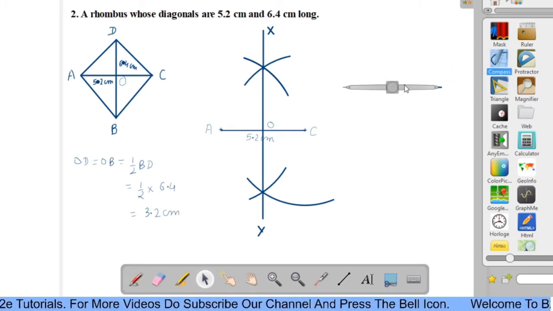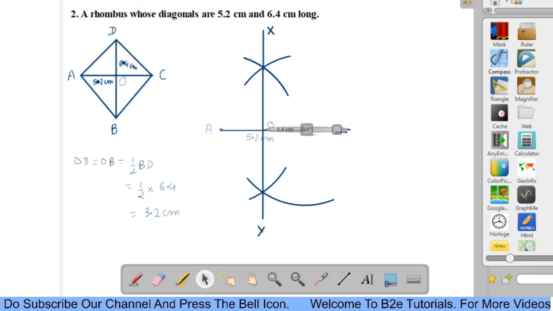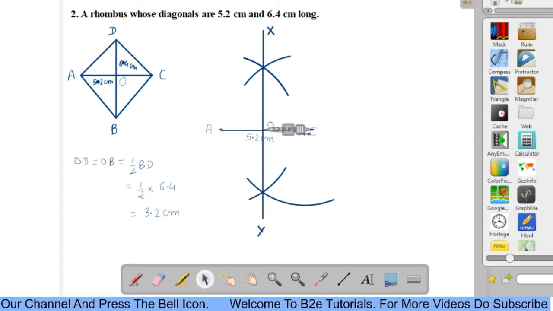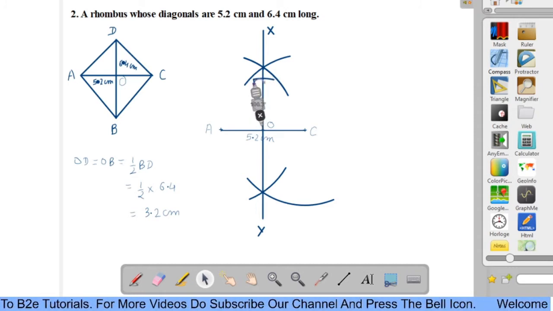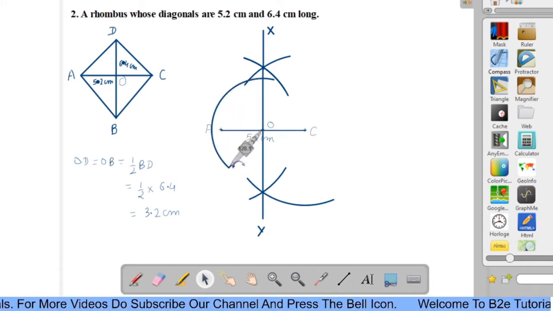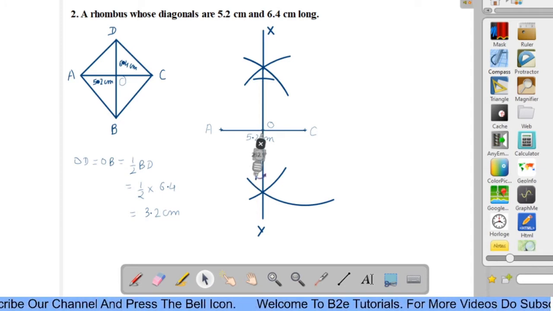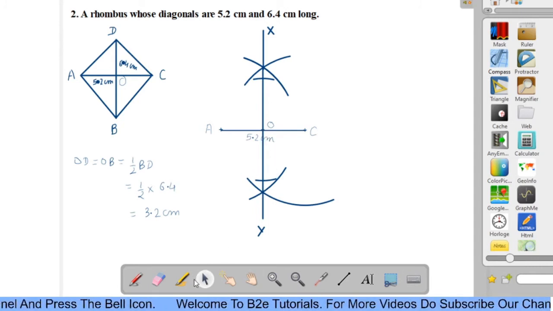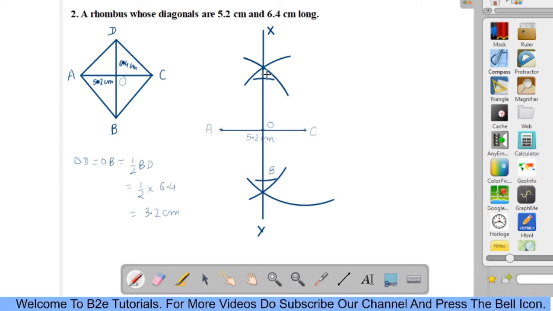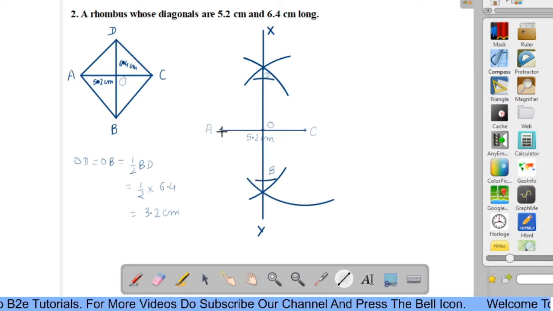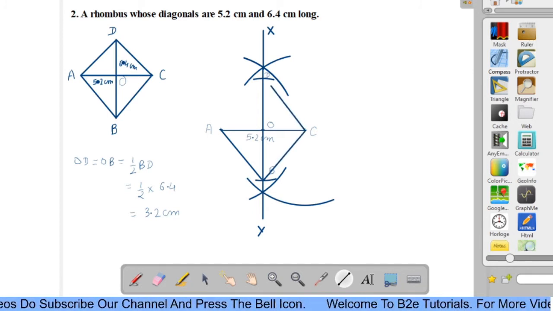So with center O and radius 3.2 centimeter, cut the line XY, one above and one below, at B and D. Join AB, BC, CD and AD.